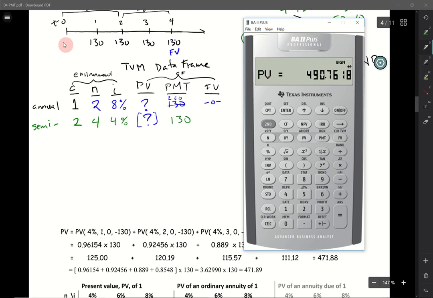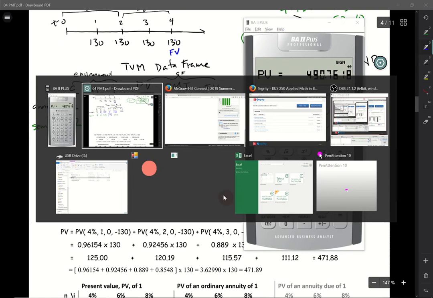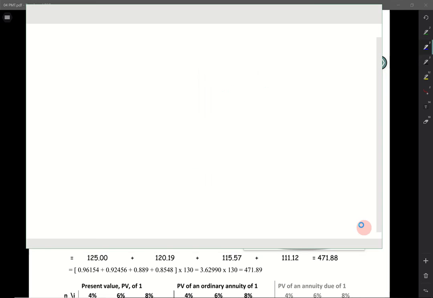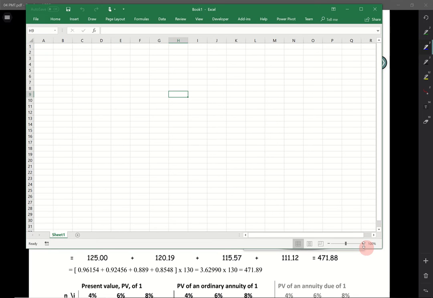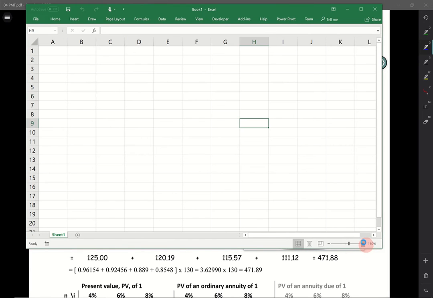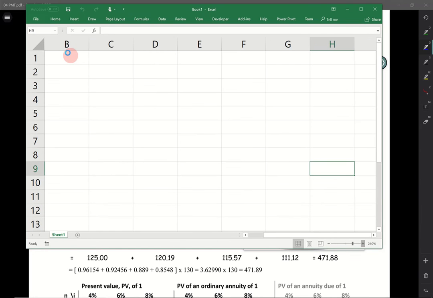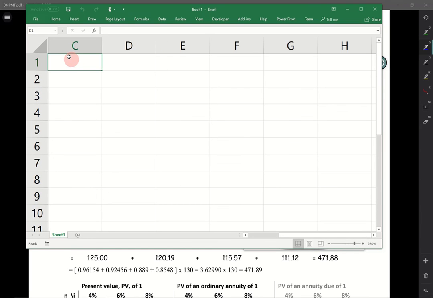If you wanted to do this in Excel, very quickly, it's not so difficult. You might do C, N, I, PV, PMT, and then FV.